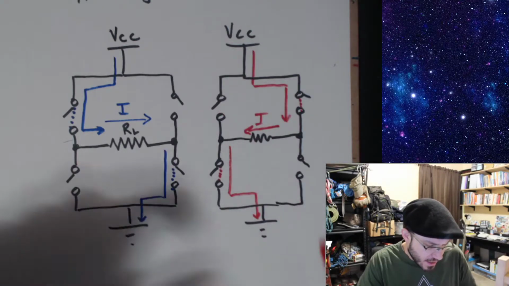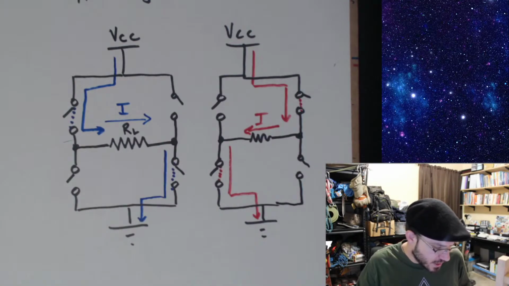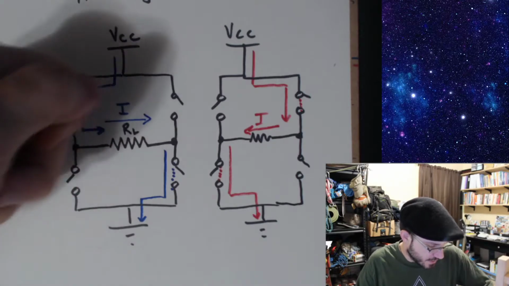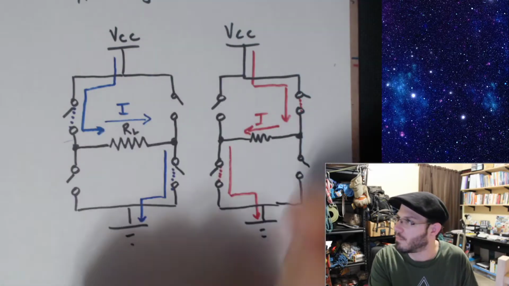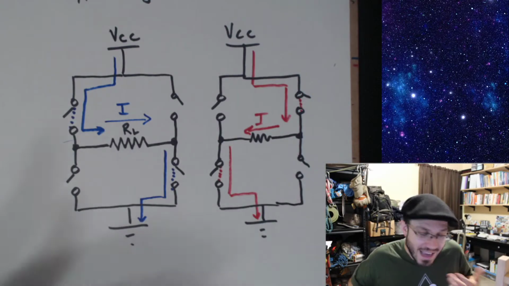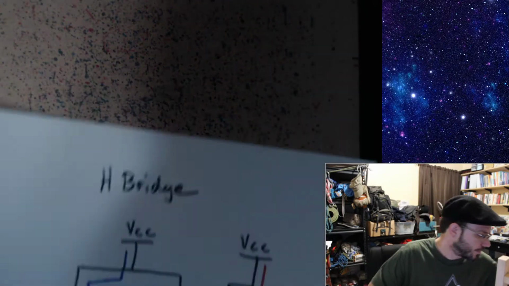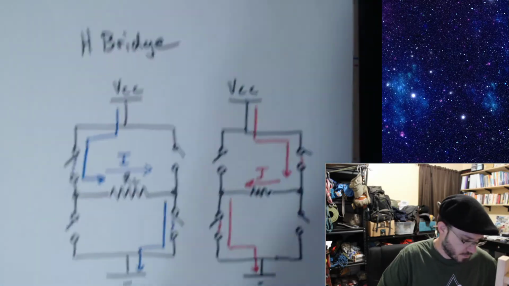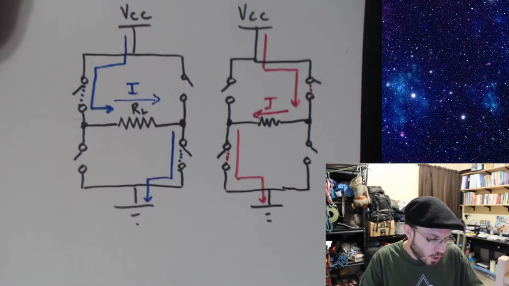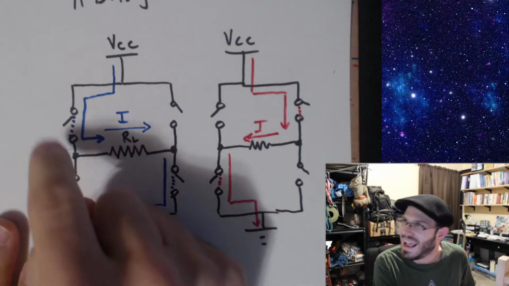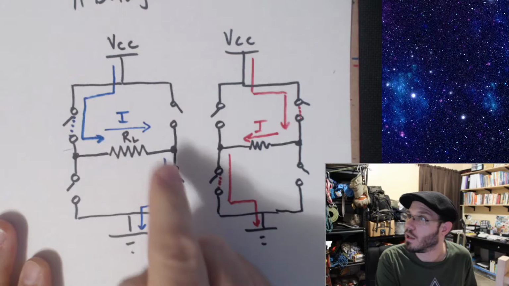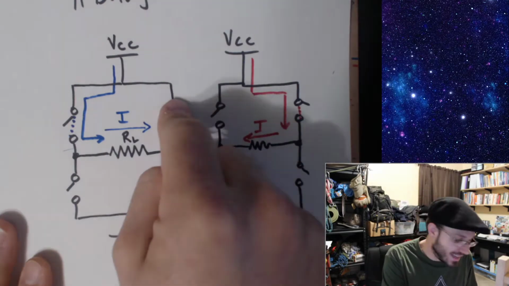Now, obviously, I've drawn this with switches, and so a person would still have to switch this and switch that and then open that and so on. Can I do this with MOSFETs? Absolutely. Now, notice I have a combination of low side switching and high side switching.